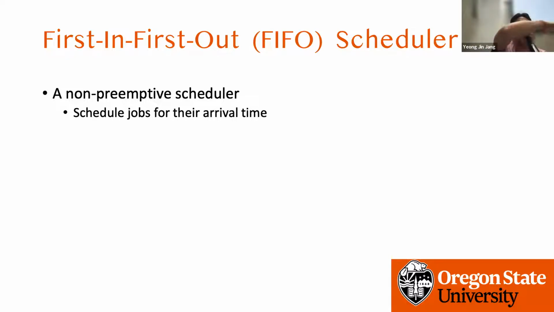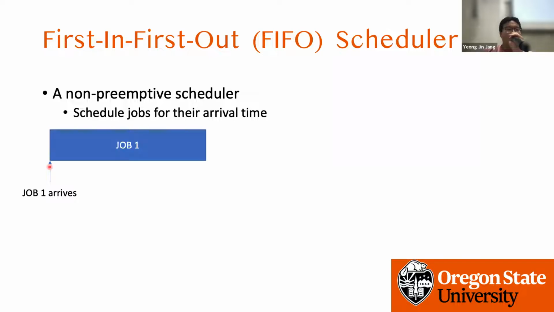You can think of the horizontal line as time. Suppose job one arrives at this time and no process is running for now, then we can schedule job one whenever it arrives. A few milliseconds later, job two arrives, but we cannot schedule job two. Suppose we only have one CPU, then we need to wait until job one finishes.